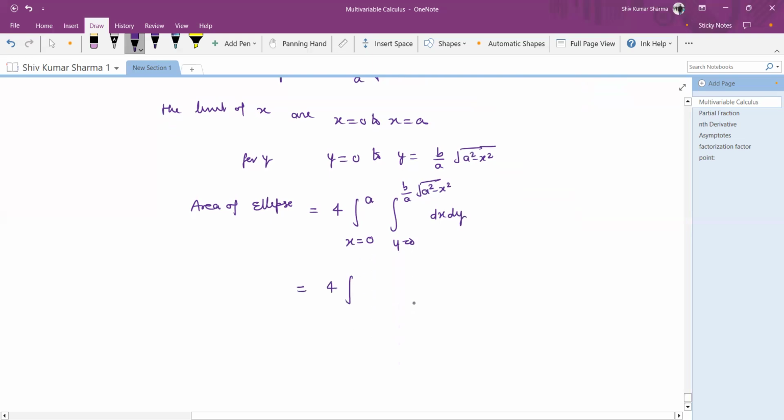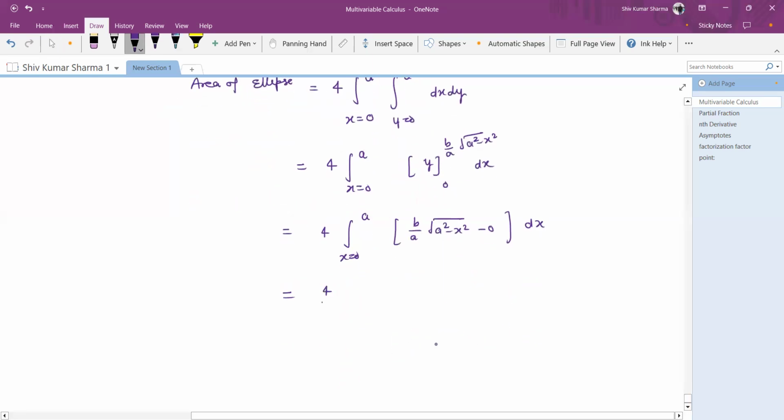First we solve for the variable limit, x equal to 0 to a, and the integration of dy is y. The limit gives root a square minus x square into dx. So this gives us 4 into the integral x equal to 0 to a, where we apply the upper limit root a square minus x square minus 0, into dx.